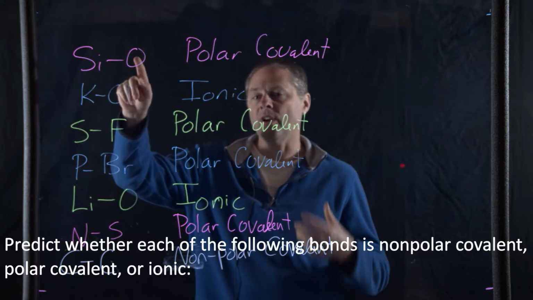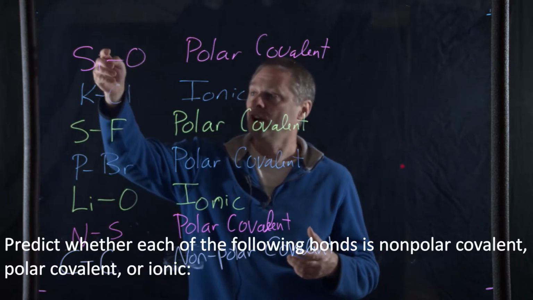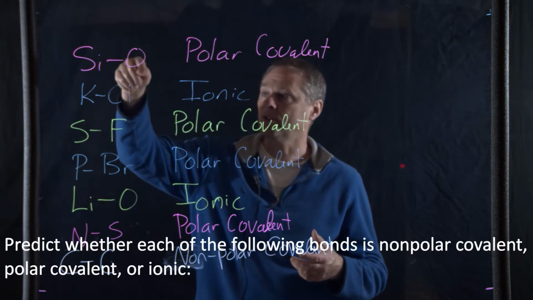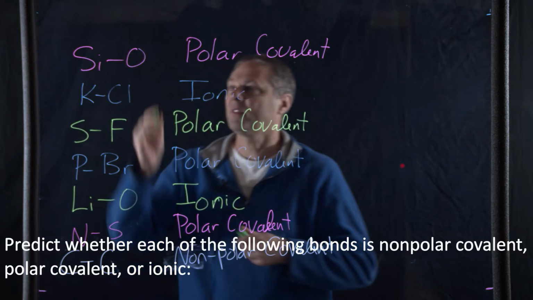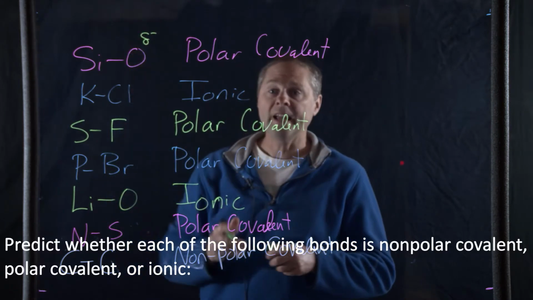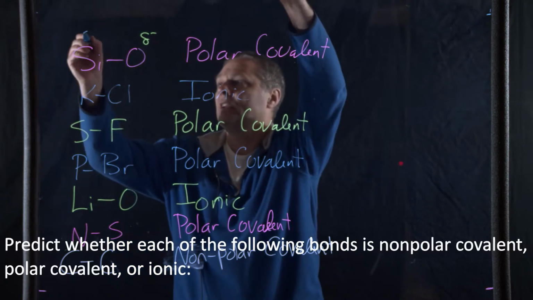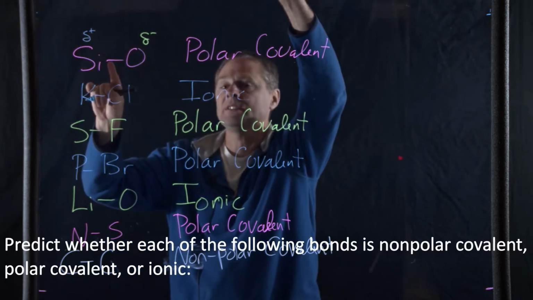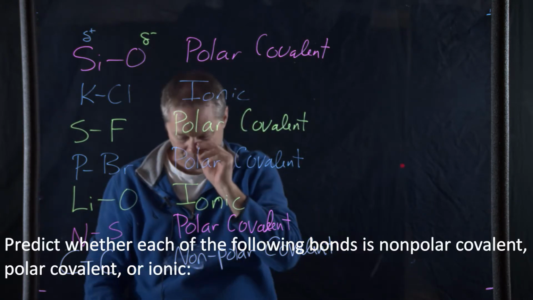Oxygen has a very large electronegativity, so it really wants this bonding pair of electrons. It's going to pull that bonding pair towards the oxygen, making the oxygen partially negative, all right? And the silicon is going to be partially positive because this pair of electrons is pulled more towards the oxygen.